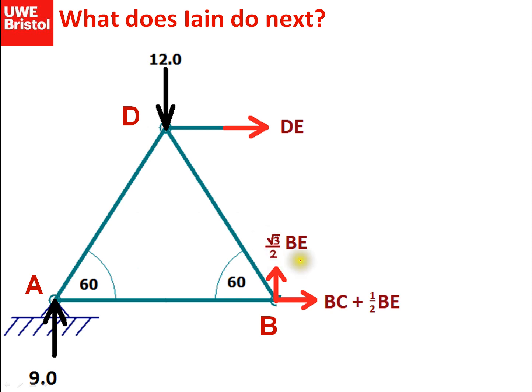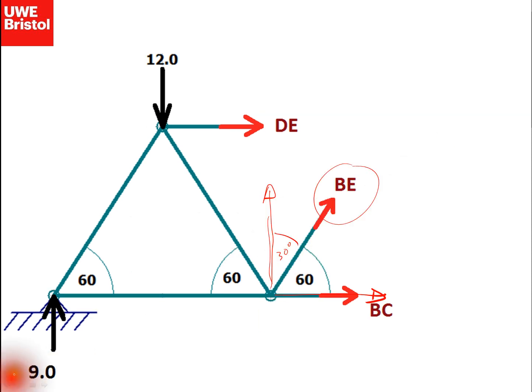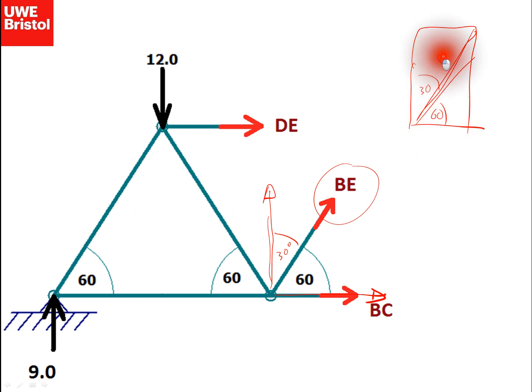And that's what I've done here. So I need to go back to my geometry of how I did that. So I have BE, whoops, not quite right, is it? So we've got 60 degrees here, 30 degrees here, and we've got BE going down here.